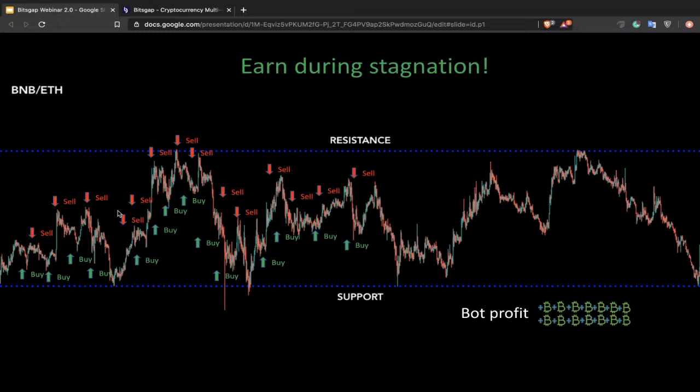While BNB is in the neutral zone, you are making profits in Ethereum. So in any case, during this stagnation, you will earn profits, whereas those traders holding this coin would be somewhere in the neutral zone, basically a zero investment return.